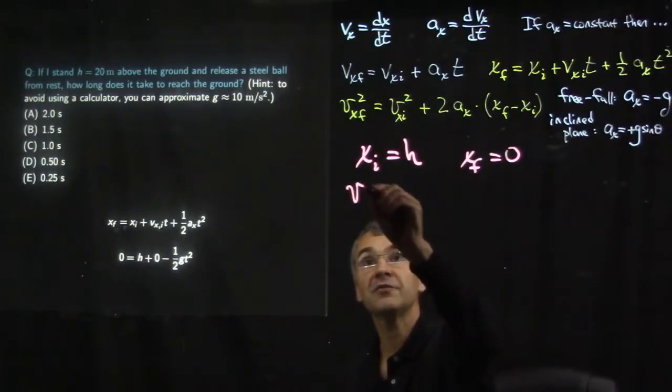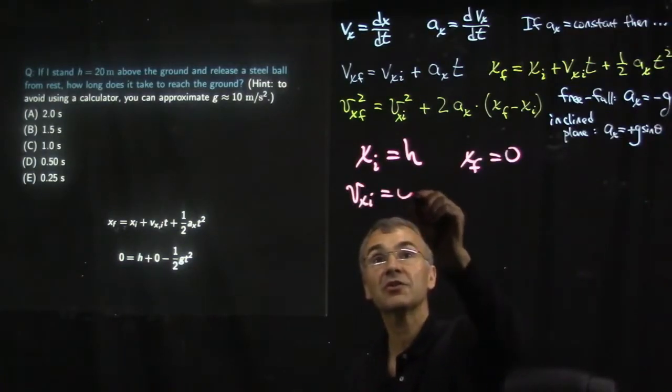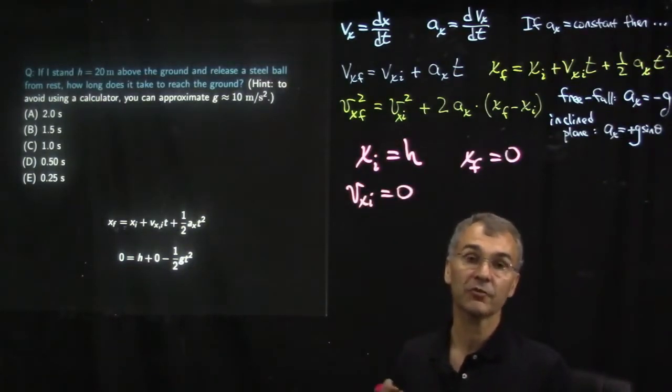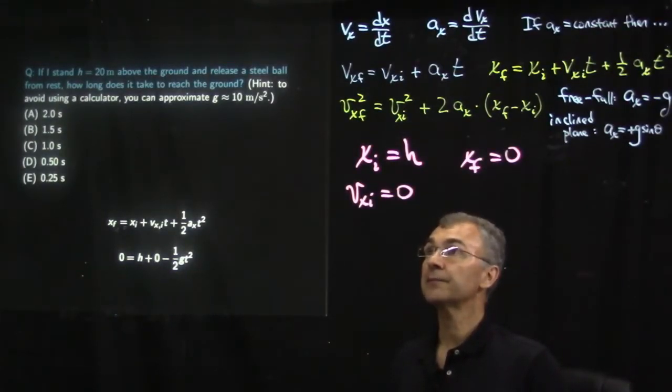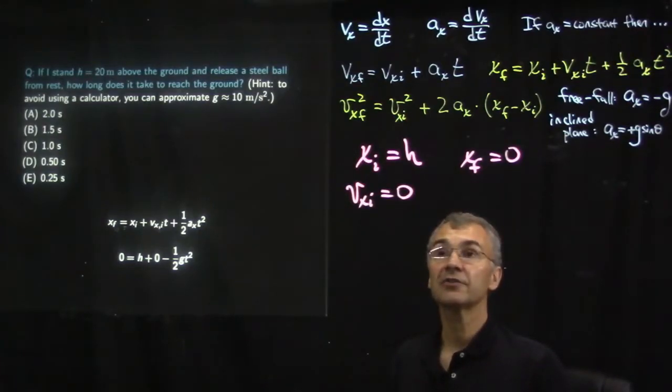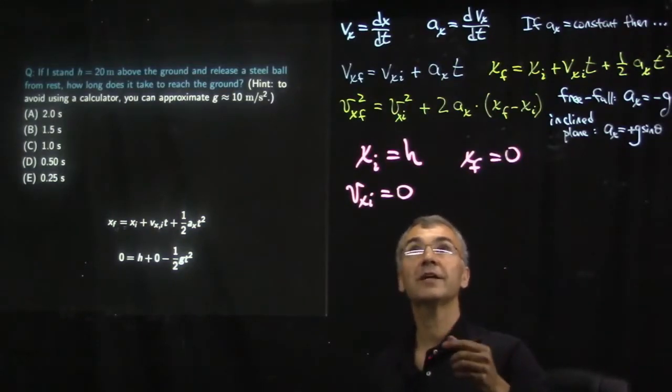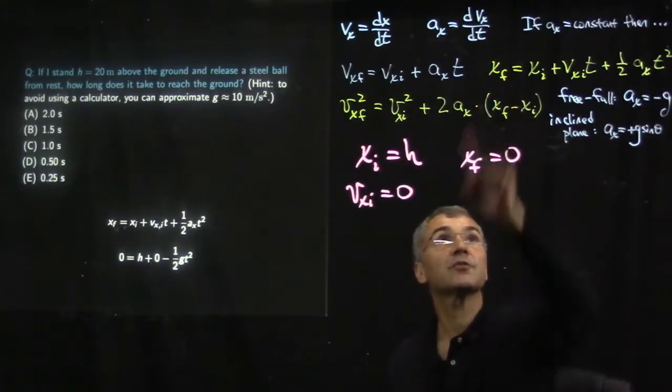And we know that Vx initial is 0 because we simply release it from rest. We don't shove it. And we want to know how long it takes to reach the ground. So I think we can use this result.